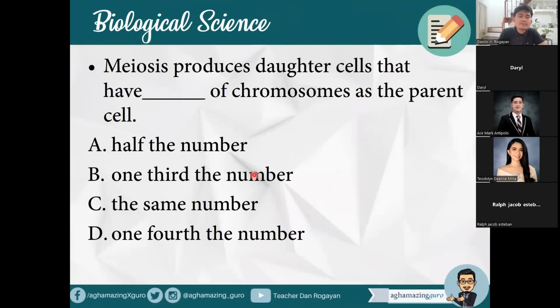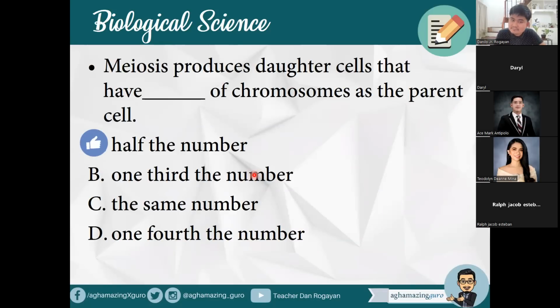Meiosis produces daughter cells that have blank of chromosomes as the parent cell. A, half the number. B, 1/3 the number. C, the same number. D, 1/4 the number. I can see a lot of A's. That is correct: half the number.